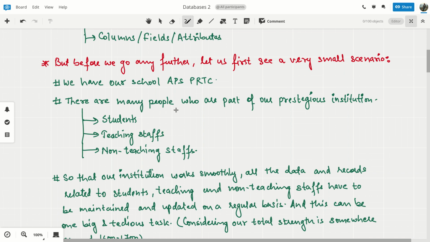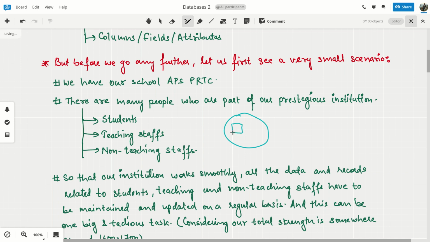All those people can logically be categorized into three types: students, teaching staffs, and non-teaching staffs. So our entire school is made up of three types of people.